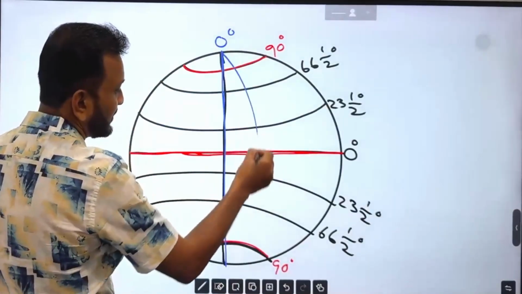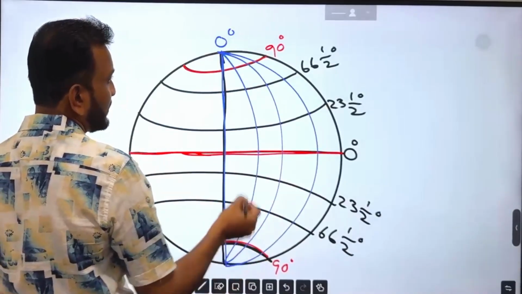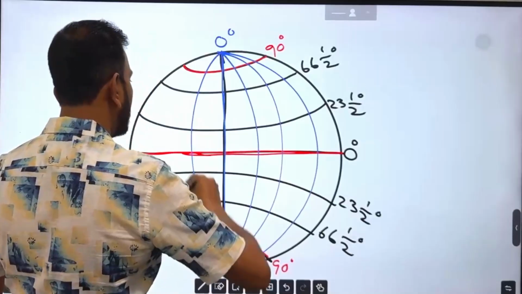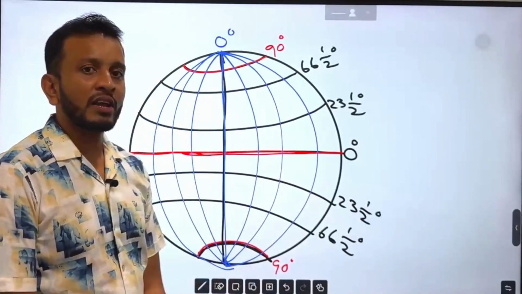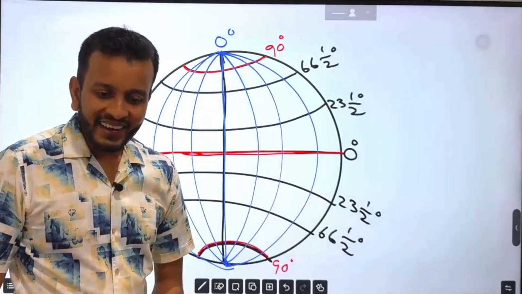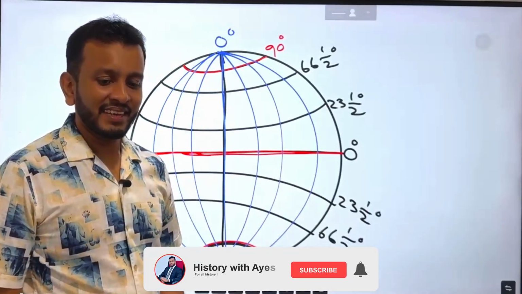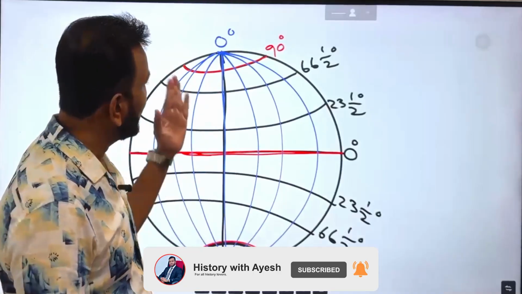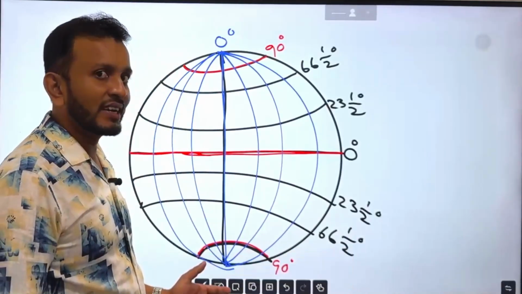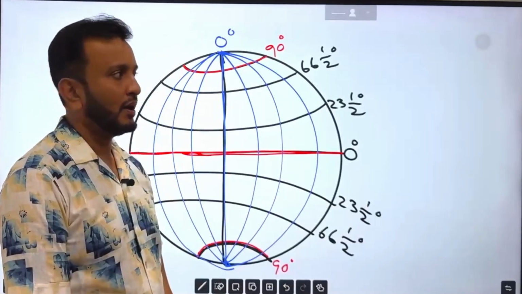How many longitudes are there on the globe? 360. Right. Then how to define the longitudes? The longitudes are imaginary lines that are drawn on the globe from north to south. Drawn horizontally or vertically? Vertically on the globe.